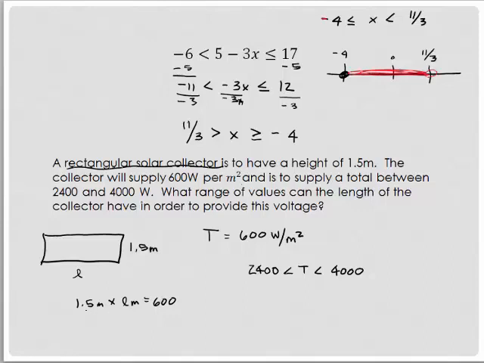Okay, so 1.5 times 600, if we have L meters, and we divide that by 1.5, we end up with 900.